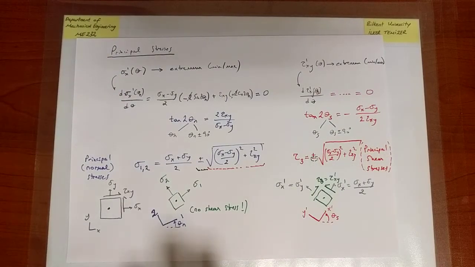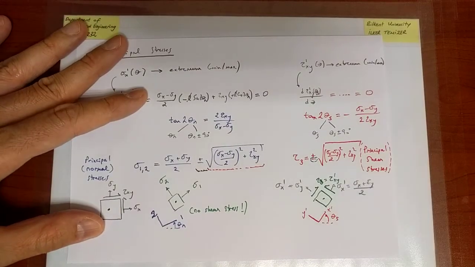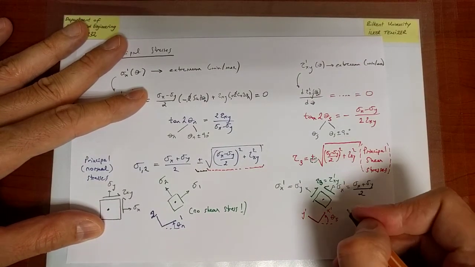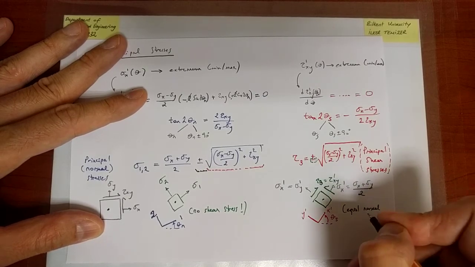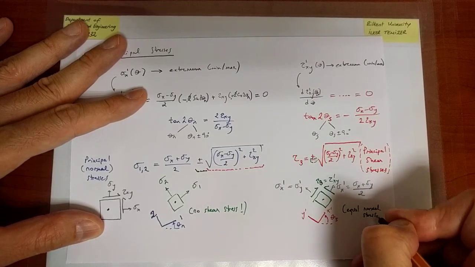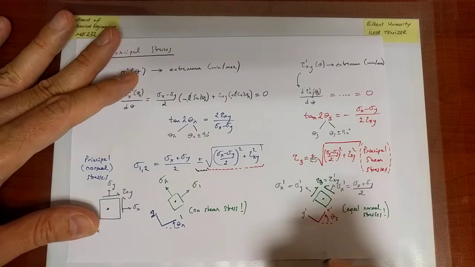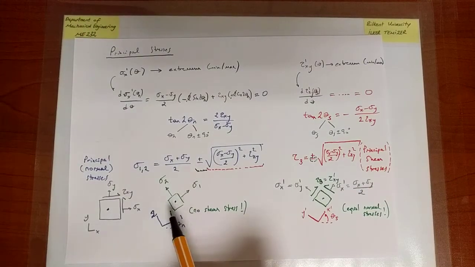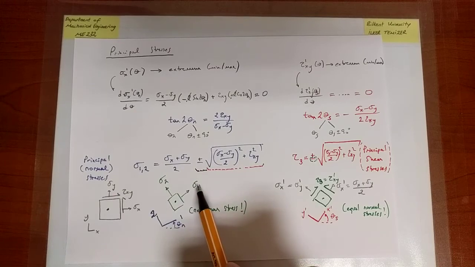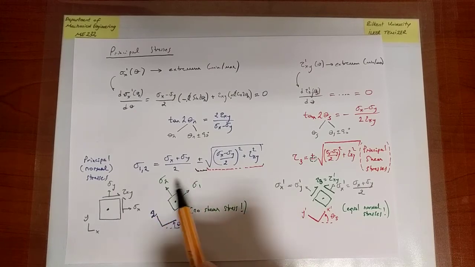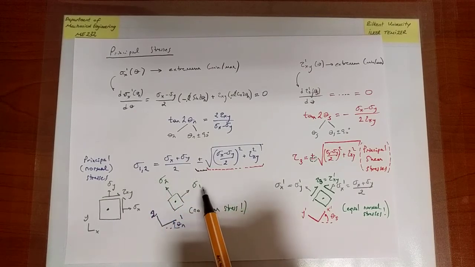Okay, so on the principal planes associated with the normal stress, there is no shear stress. The normal stresses achieve extremum values. One of them is larger than the other, and respectively they are the largest and the smallest value that one can attain.